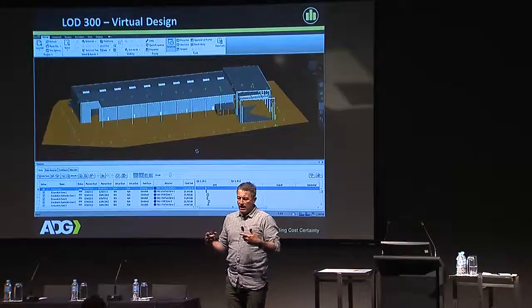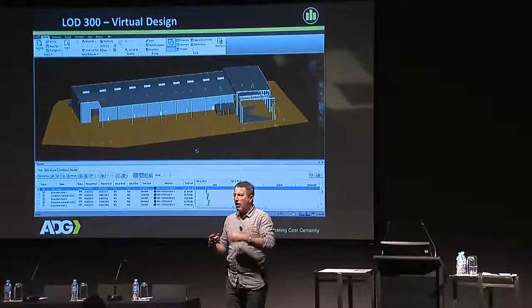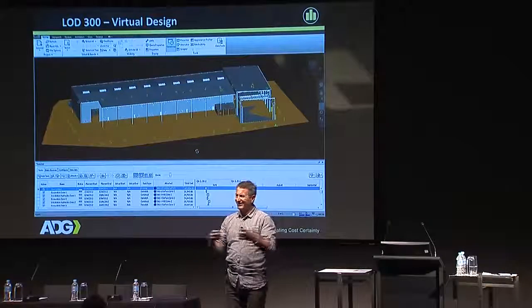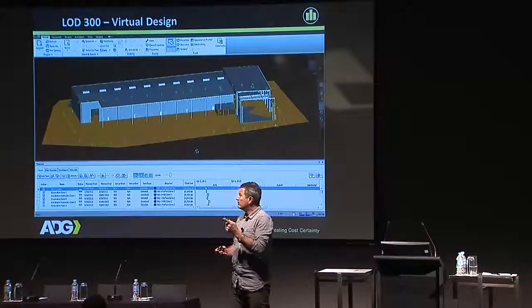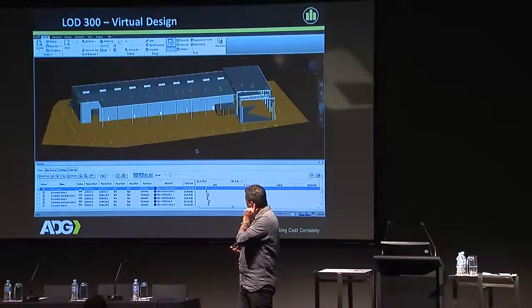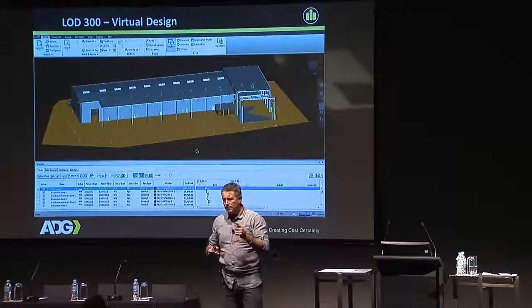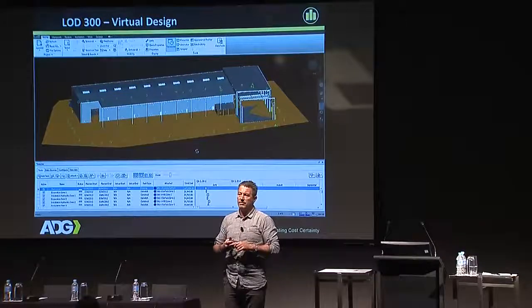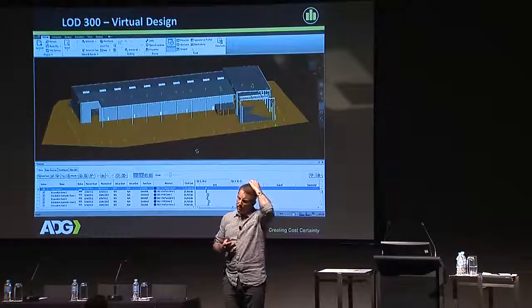5D sits well with 3D, 4D sits well with 3D. What doesn't sit so good together is 4 and 5D together. So what we did in this sort of demonstration work is we married together the costs within the estimate to the program that was coming out of P6, and it was really hard to do. And it's not something that I would recommend at the moment.